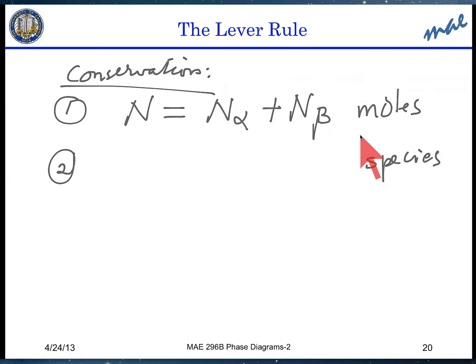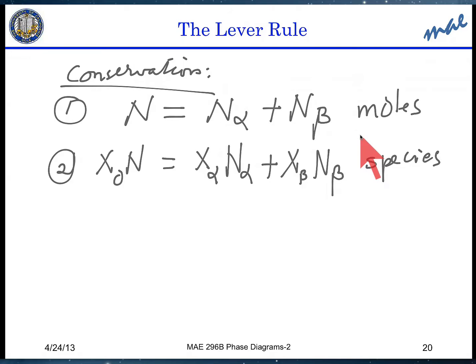Initially I have x0 times n. This is the amount of B in the initial alloy, and now B is split between the alpha and the beta phase. It's split such that I have x alpha in the alpha phase and x beta in the beta phase.